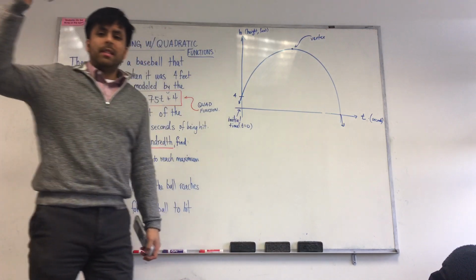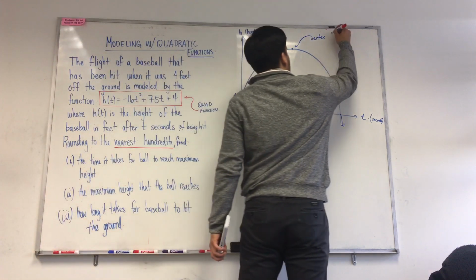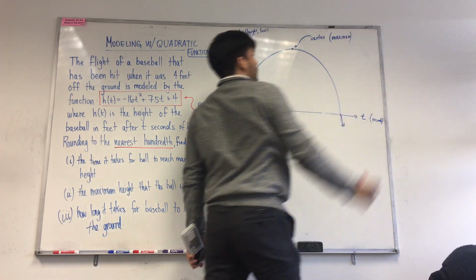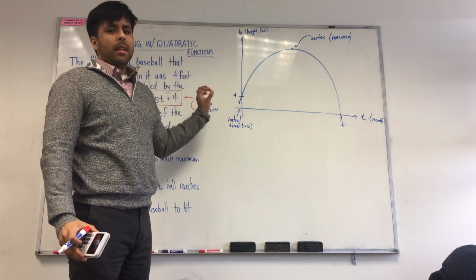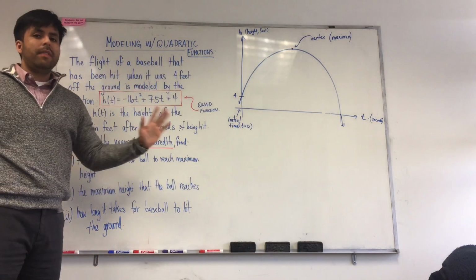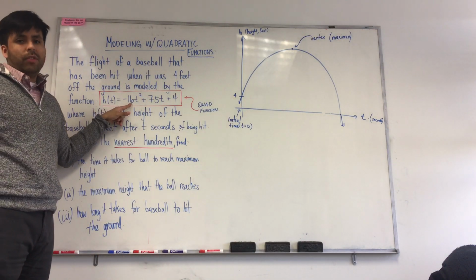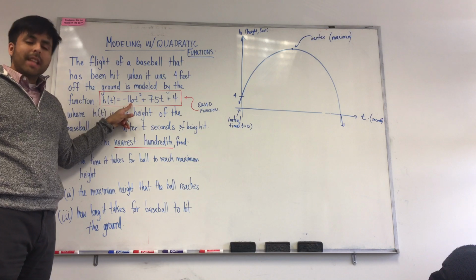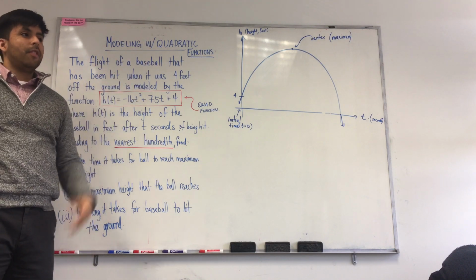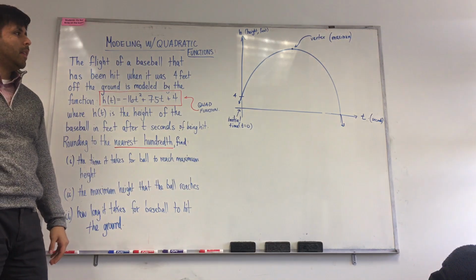This is my vertex. This is the maximum height of a parabola. And I know it's going to be a maximum even without graphing it, because the leading coefficient of this quadratic is negative. Since I know it's negative, I know the vertex will be a maximum.